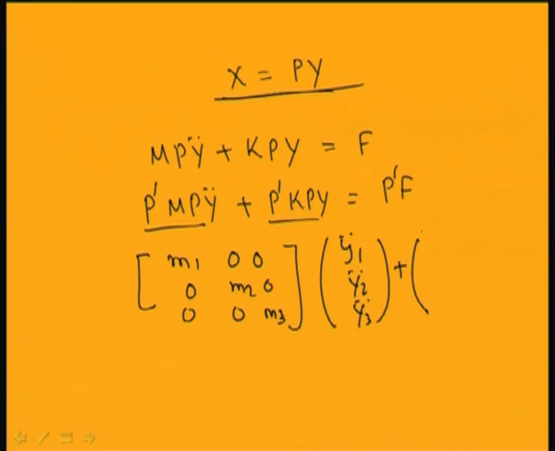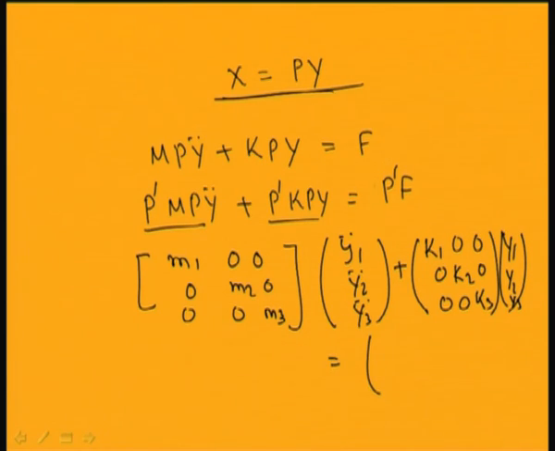So, this is also, I can write, k1 0 0, 0 k2 0, 0 0 k3 into y1 y2 y3 equal to P transpose F. So, I can write this is equal to F1 F2 F3.